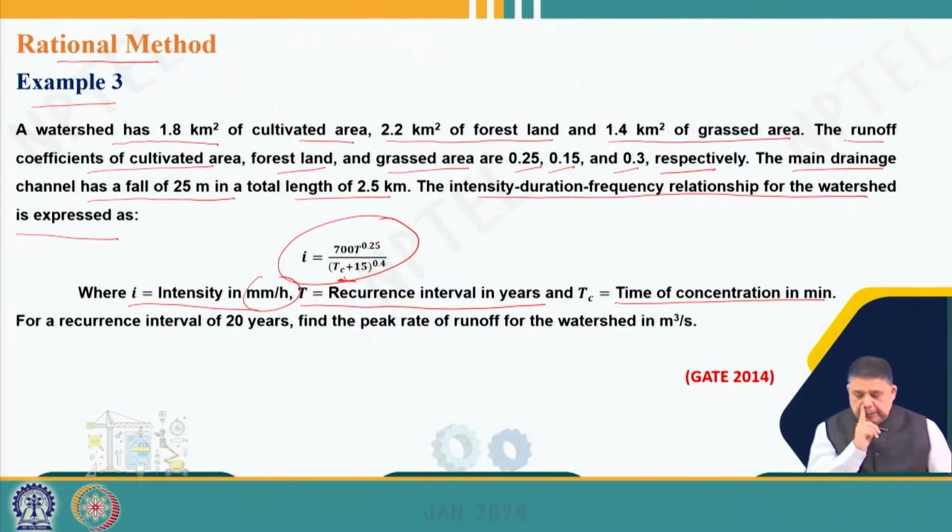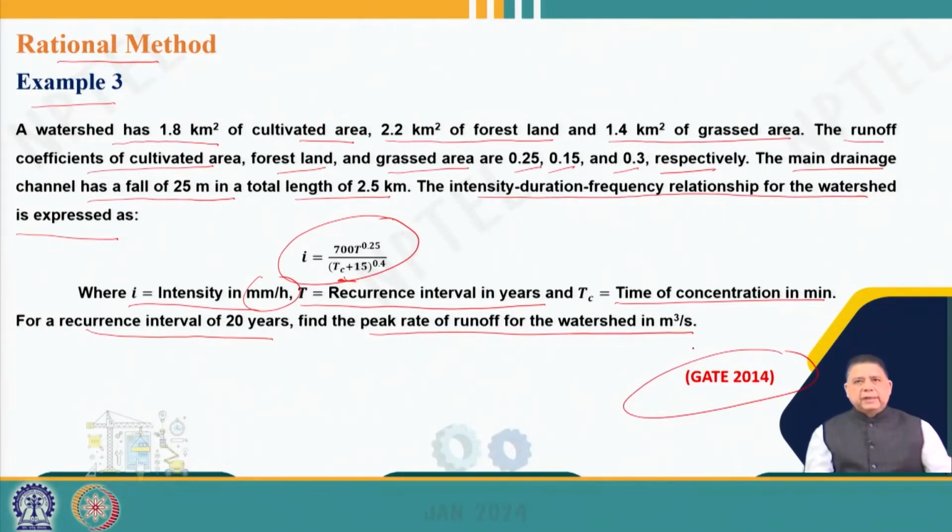So, this is the intensity duration curve applicable for the area. For a recurrence interval of 20 years, find the peak rate of runoff for the watershed in cubic meter per second, and this question has been taken from the GATE 2014 examination.